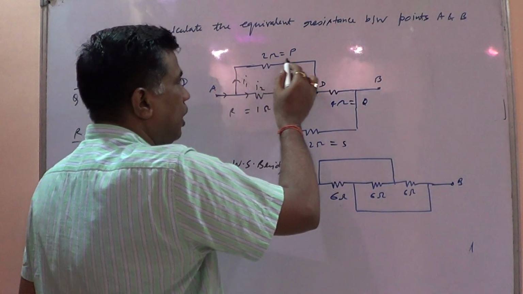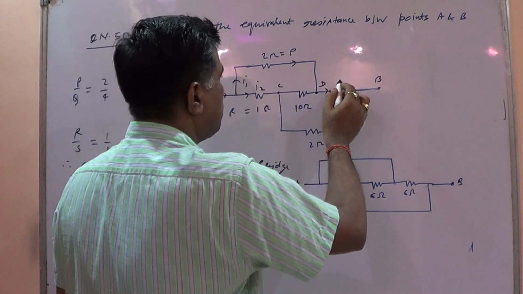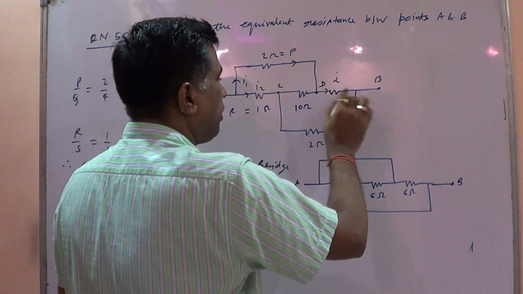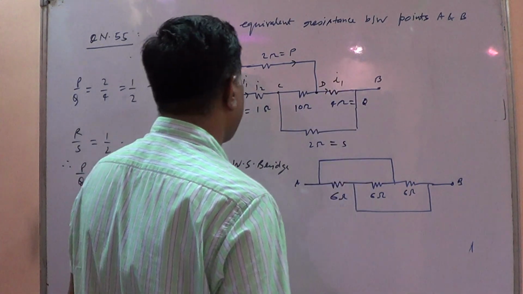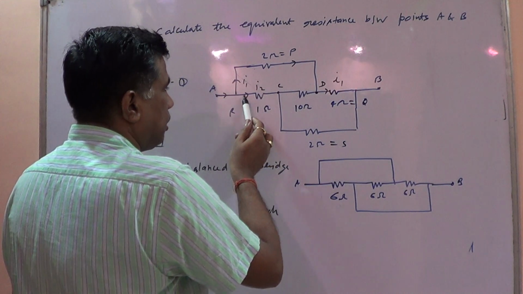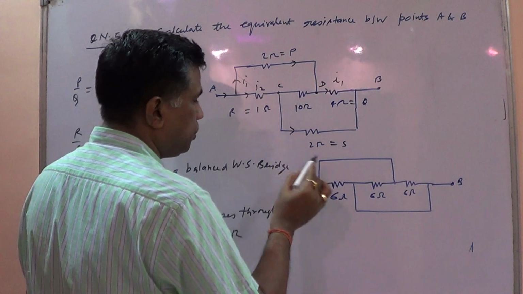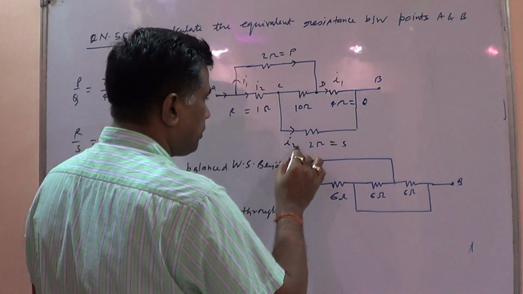So this whole I1 current which is passing through this 2 ohm resistance will pass through this 4 ohm resistance, and also this current I2 which is passing through 1 ohm resistance will pass through this 2 ohm resistance.